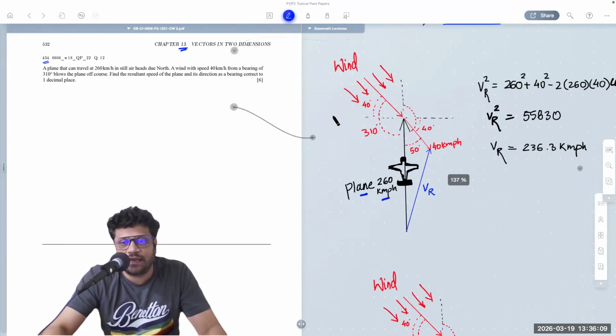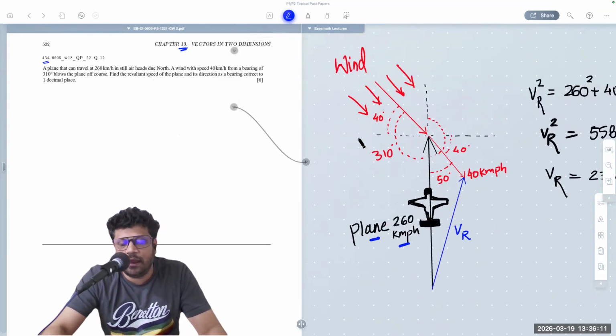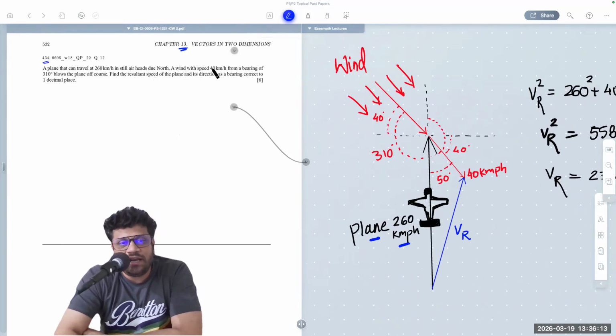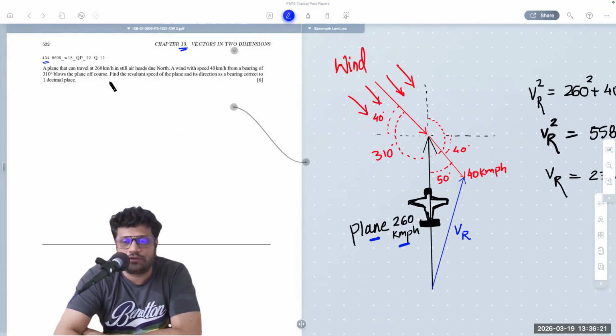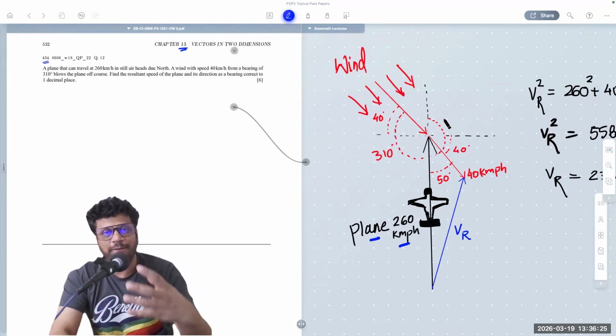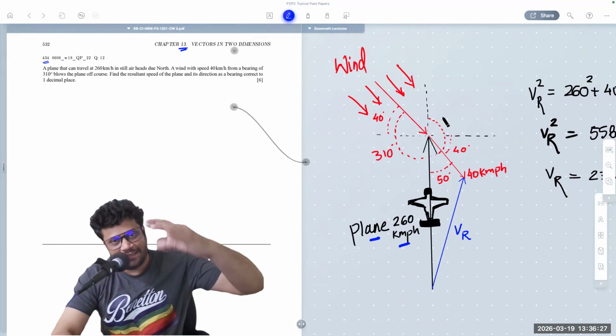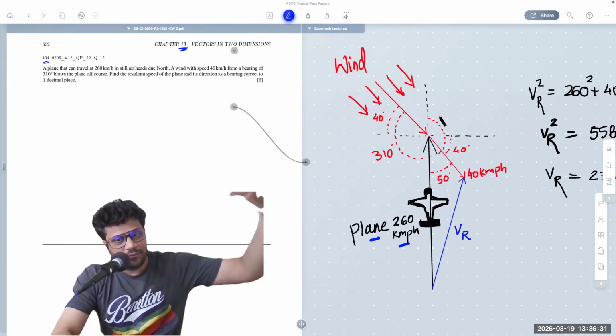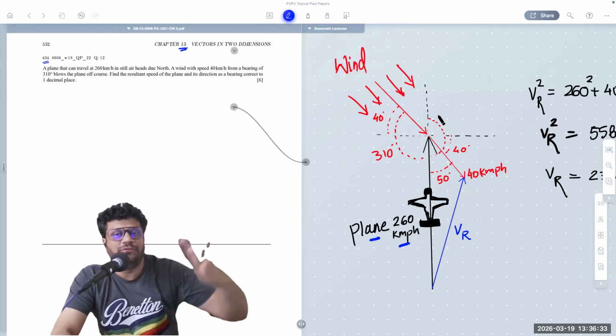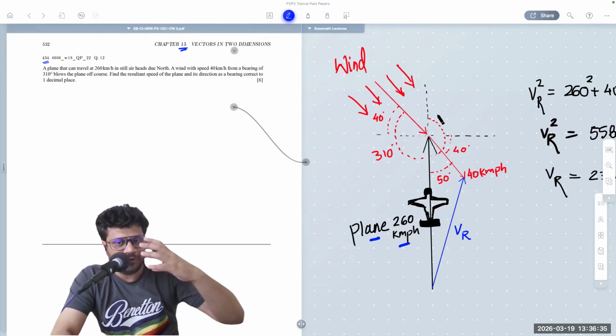Let's zoom around the sketch. And a wind of 40 kilometers per hour from a bearing of 310 blows the plane off course. So the thing is to be able to locate the direction of the wind, how the wind moves onto the plane in this diagram.